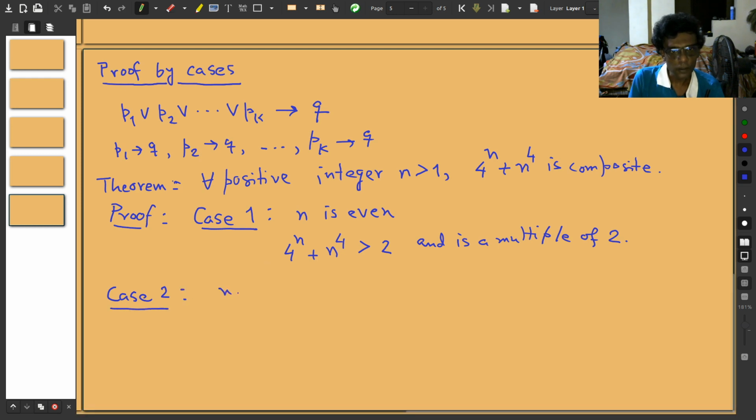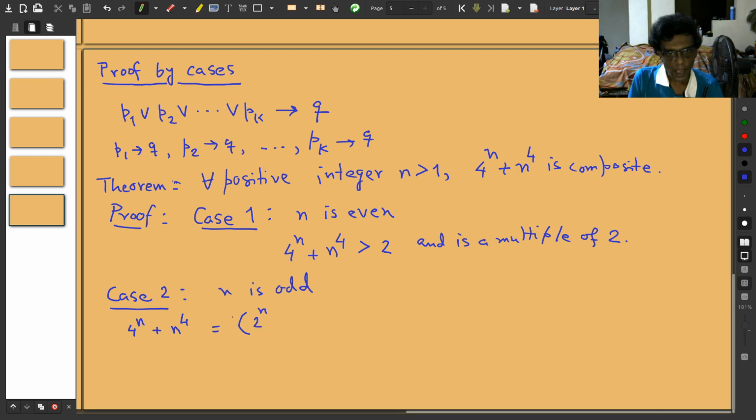n is odd. How will the proof go now? 4 power n plus n power 4. 4 power n is a square, 2 power n whole square, and this one is n square whole square.